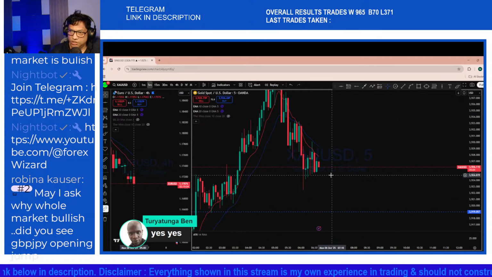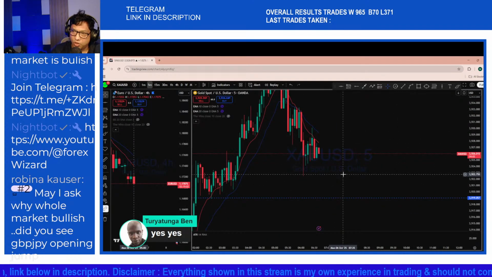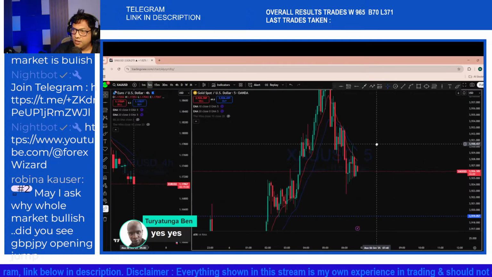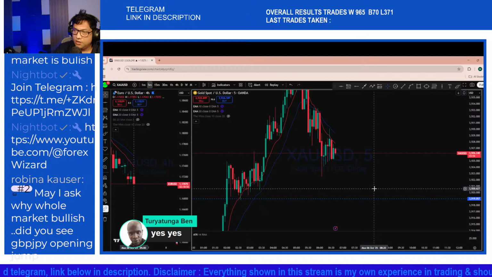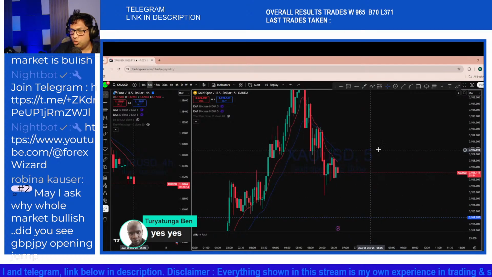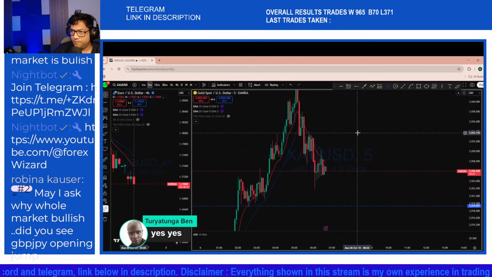Here's the move where you can see the market is slowly breaking that support level that we are looking at, and with that break of support, the market continues to drop here to create a new lower low in this market.